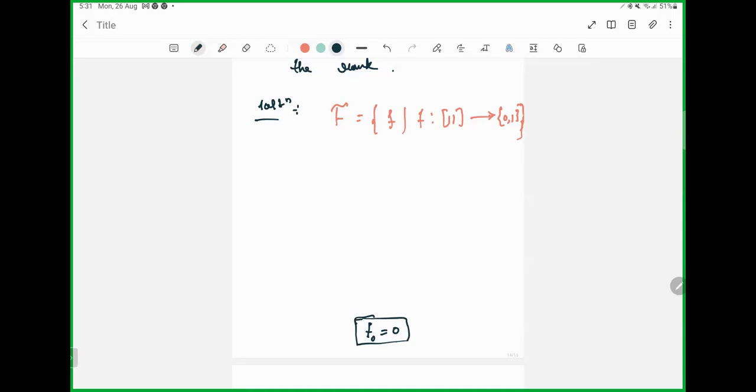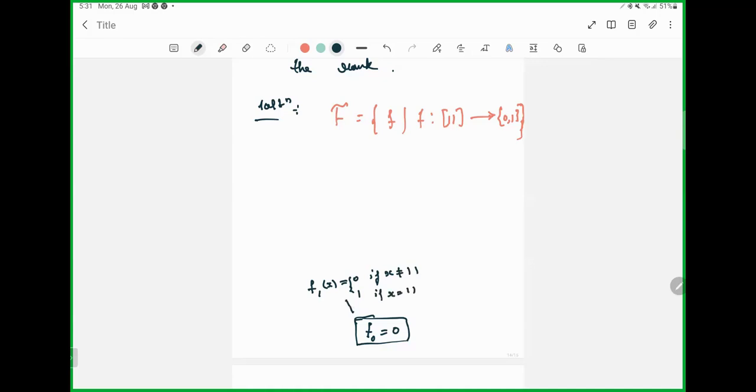Then what you can do, you can fix one point and make one function f1, taking value f1(x) equals 0 if x does not equal 11, and 1 if x equals 11.